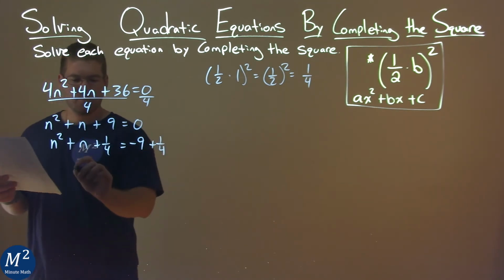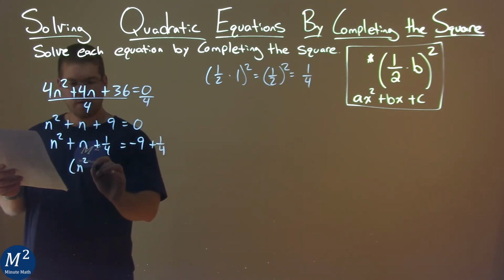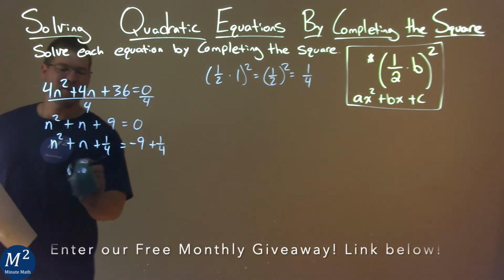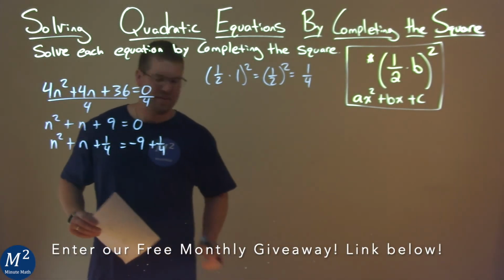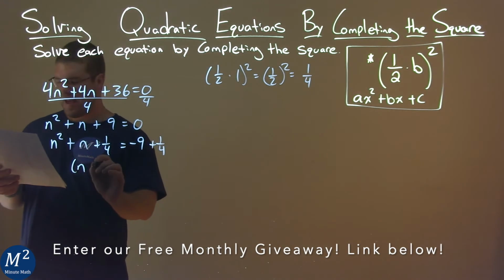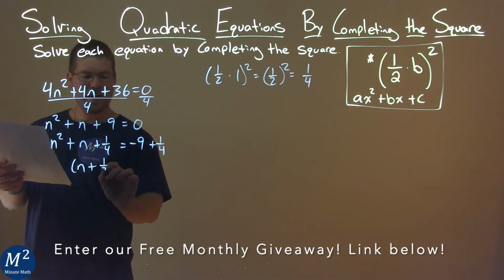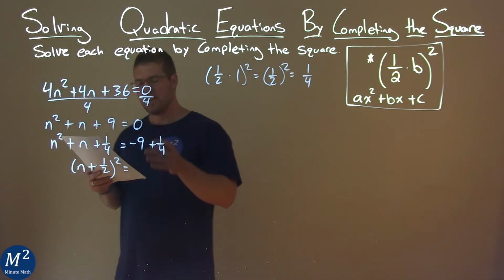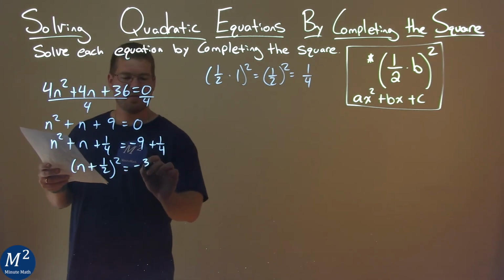The left-hand side is a perfect square, we have n plus 1/2 all squared. And the right-hand side, well, negative 9 plus 1/4 is negative 35/4.